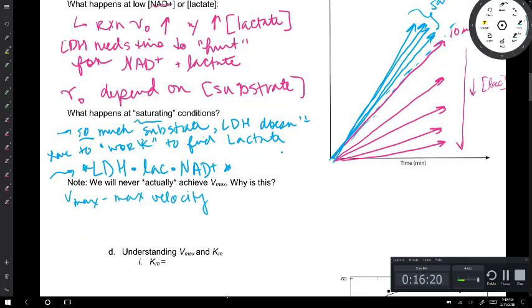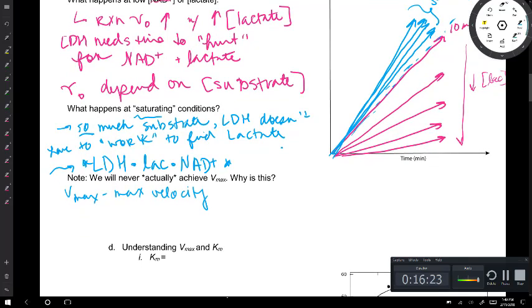And we never actually achieve Vmax. That's because Vmax is actually a limit, like a limit that you learned about in calculus class way back in the day, and that's that the enzyme is theoretically approaching its maximum velocity, but it never quite gets there.